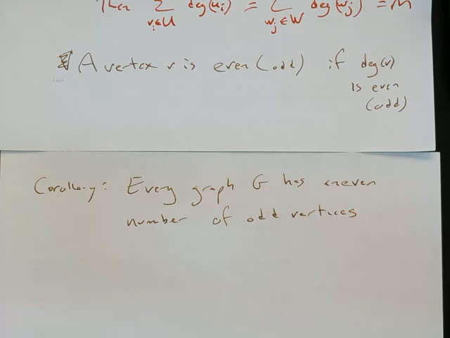I've written this as a corollary, which means it must follow from the theorem we just proved. The theorem we just proved said what? One sentence proof, people. I have a graph G, and I'm in total degrees. So the total of all my degrees must be an even number.